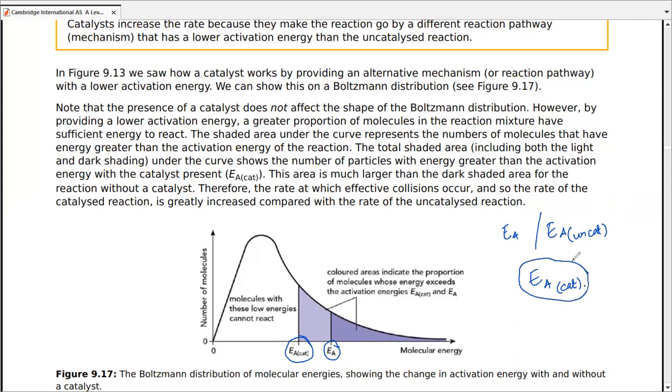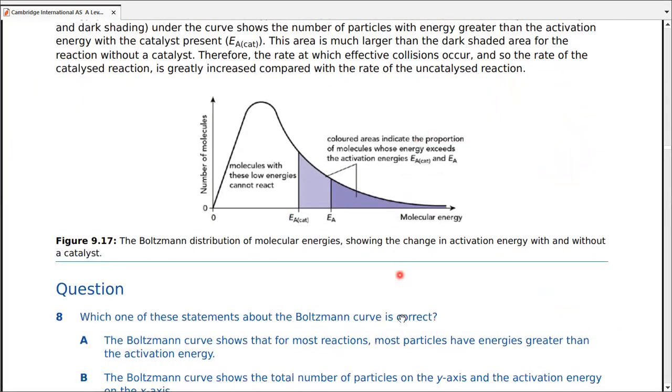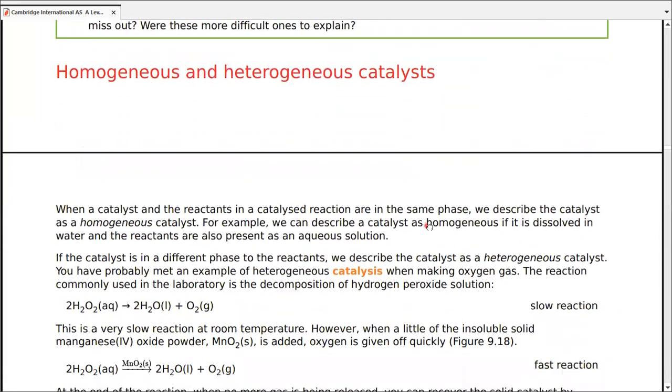This would be good enough to tell the examiner that you are talking about the activation energy for a reaction in which a catalyst is in use. This is a good way of writing it. This is the generic, broader term, and this specific one shows the activation energy for an uncatalyzed reaction, specifically telling the examiner that you want to talk about a case in which a catalyst is not used. All right, so you can use exactly the same symbols in exams to answer your questions.